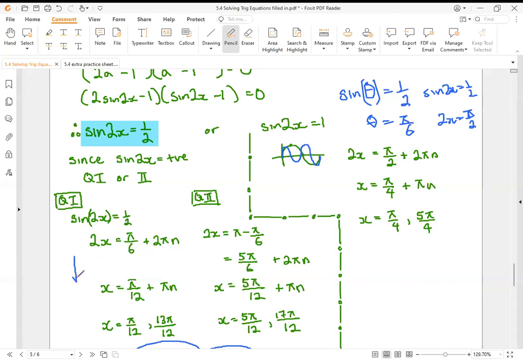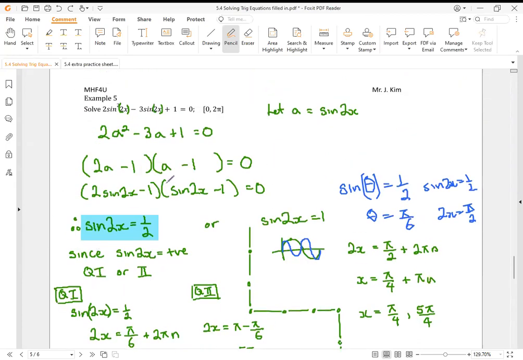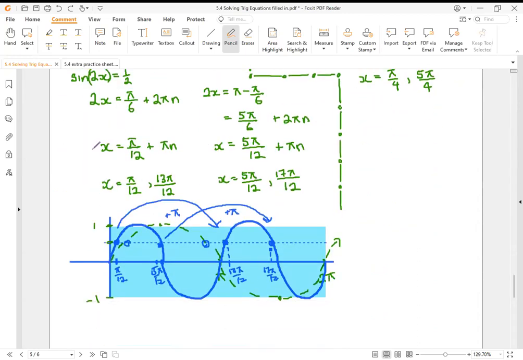Oh, because if an angle is pi over 6, it could be 2 pi plus pi over 6. Coterminal. I thought like the restriction, the domain said that it was just 0 to 2 pi. You're right. However, I noticed that the angle was 2x. I knew I had to divide by a 2. Long story short, if I didn't have a horizontal compression, 2 pi is right there.